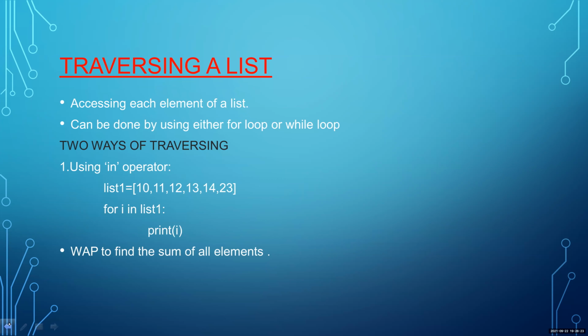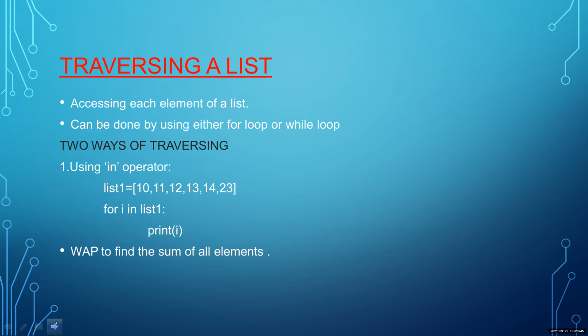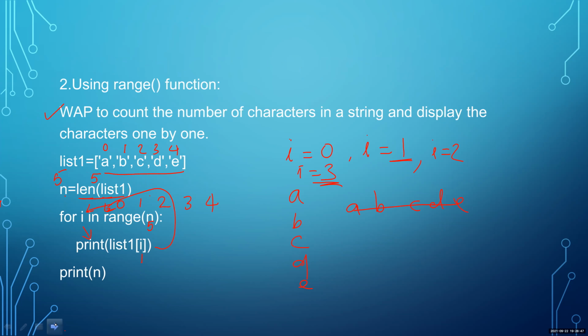This is the duplicating or aliasing or alternate name. Here we are giving one alternate name or duplicate name for list 1, that is list 7. So we already discussed that term. Once again, I will explain.